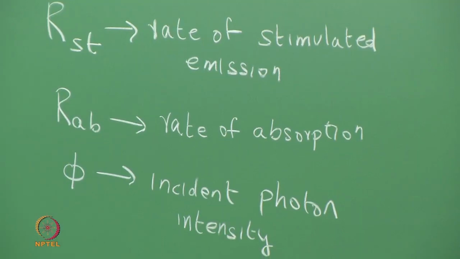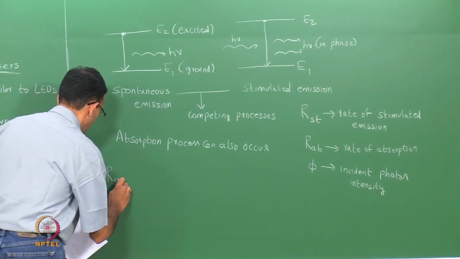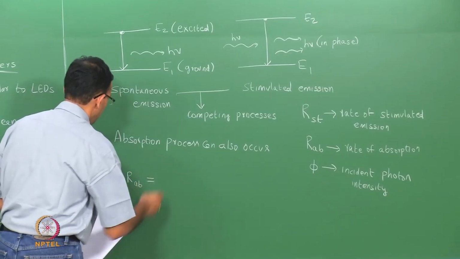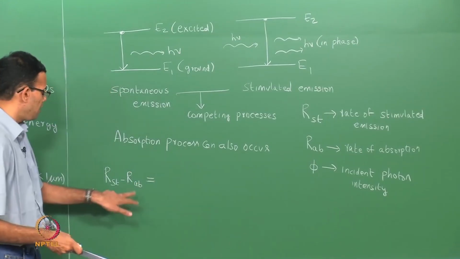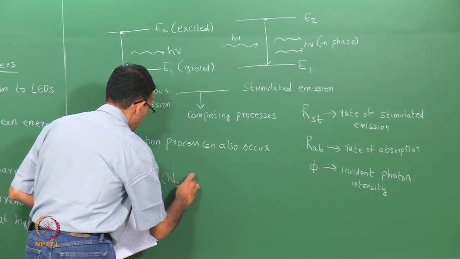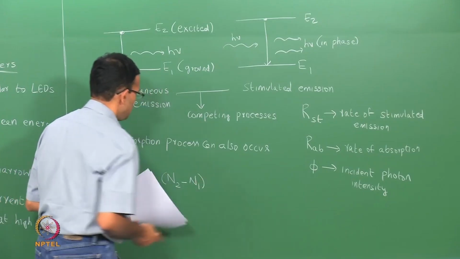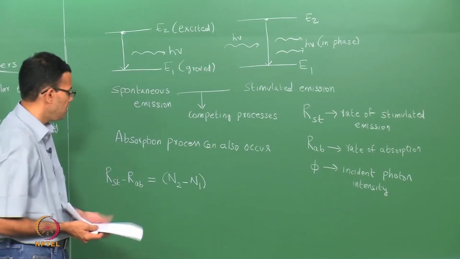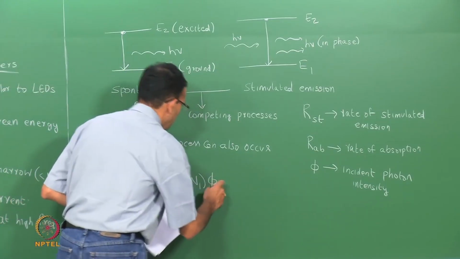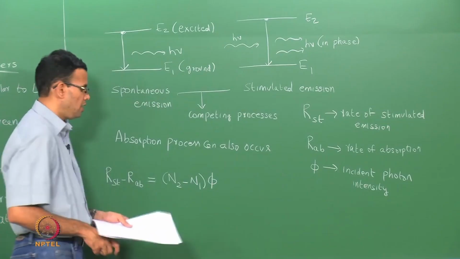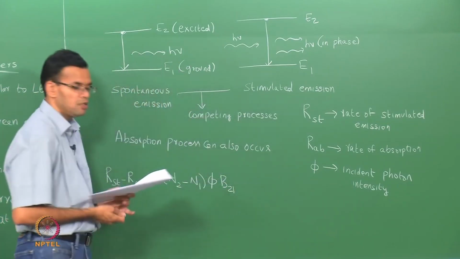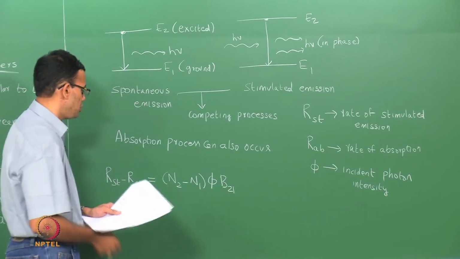then we can write R_ST minus R_AB, so the rate of stimulated emission minus the rate of absorption, depends on the number of electrons in the excited state minus the number of electrons in the ground state, times the incident photon intensity, times a constant that is called the Einstein coefficient.